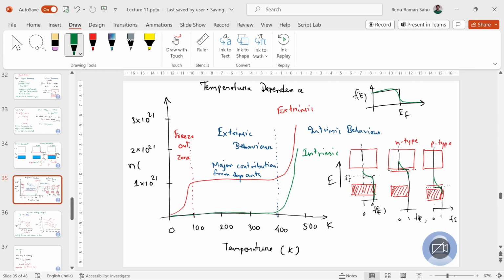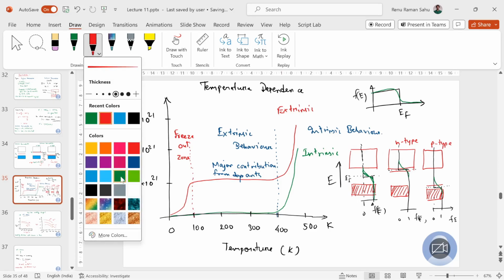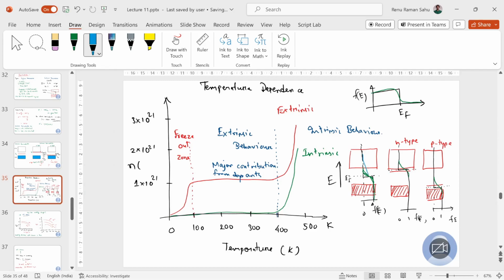But for the intrinsic semiconductor, it is not increasing. Even if you increase the temperature, increasing the temperature means you are smearing this occupation probability. So even after you are increasing, it is not changing much till the point when you change it to a very high value. Let's say I will plot it in this black color. At a very high value it will be somewhat like this.